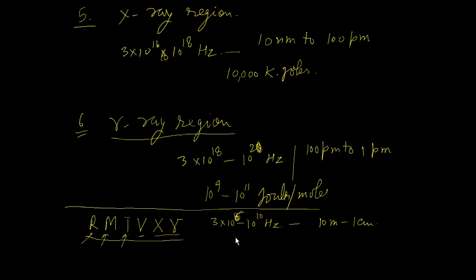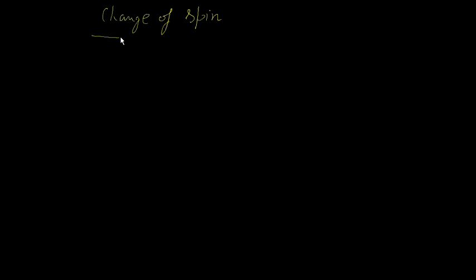Then 10 raised power 10 to 10 raised power 12, 12 to 14, 14 to 16, 16 to 18, 18 to 20. You can remember the frequency range this way. In the same way you can remember the wavelength and the energy of the emitted photon.